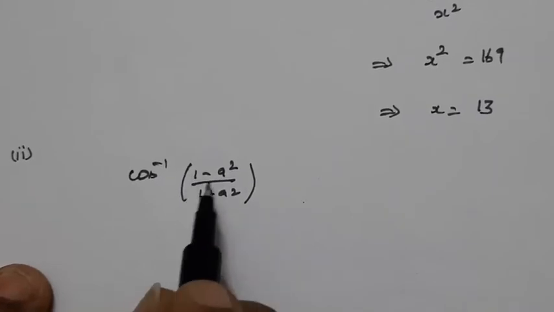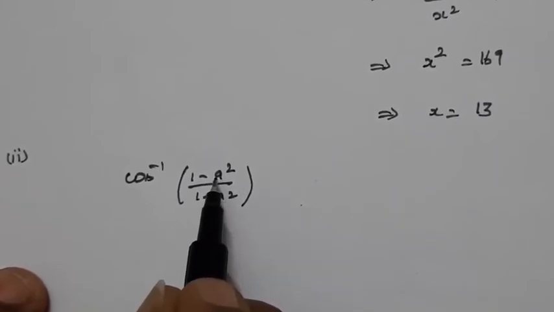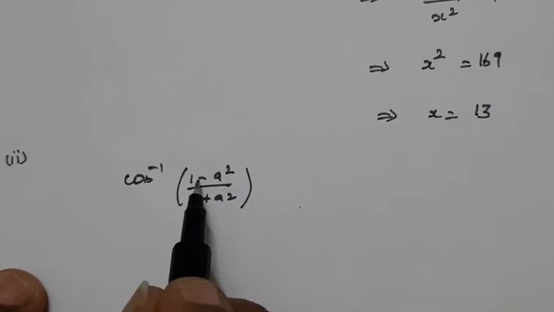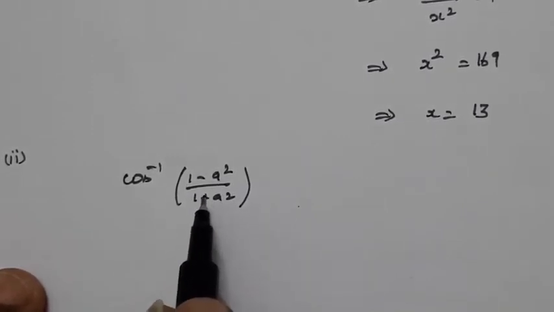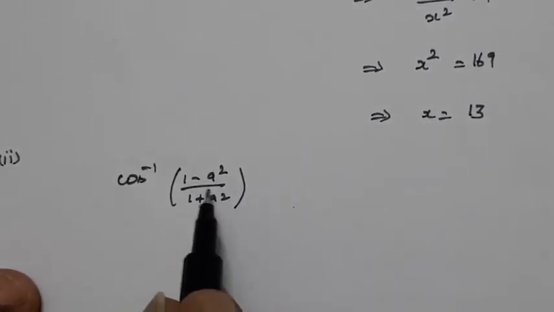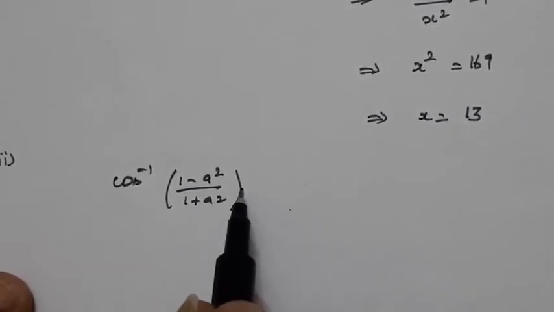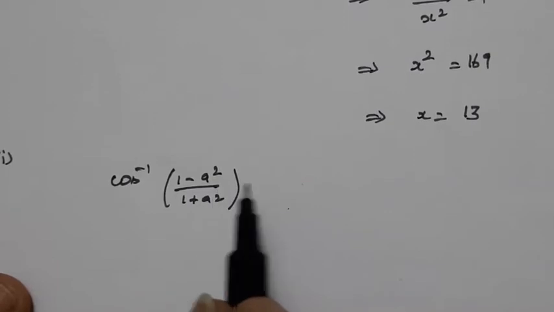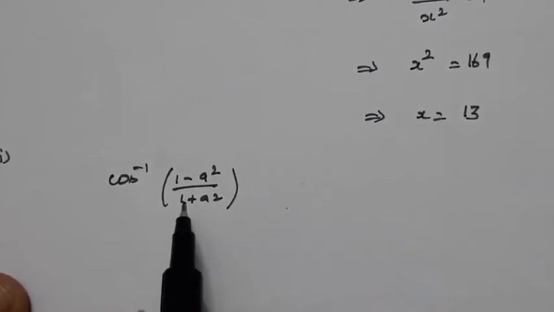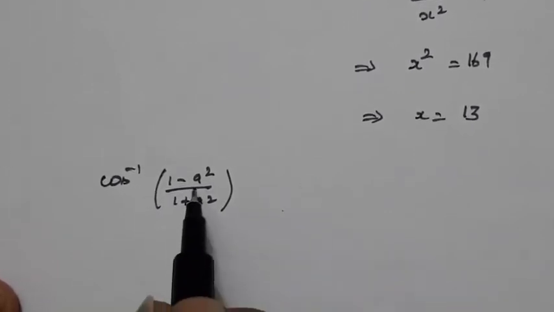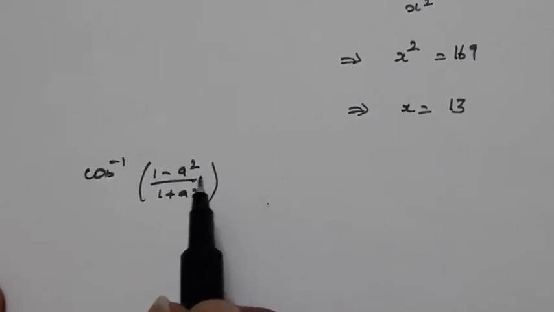Now look at this. If we replace a by tan theta, what happens? It will be (1 minus tan squared theta) by (1 plus tan squared theta), which is nothing but cos 2 theta. So cos inverse of cos 2 theta can easily be evaluated as 2 theta. To find this answer, we represent a by tan theta.